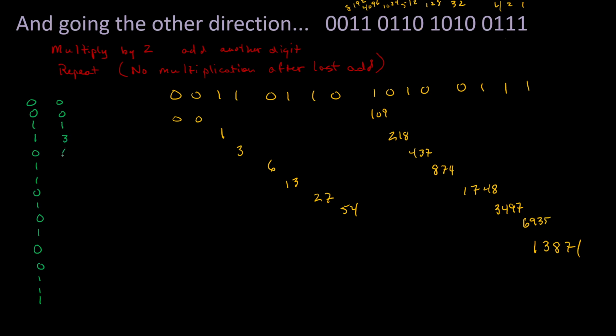Times 2 plus 0 is 6. Times 2 plus 1 is 13. Times 2 plus 1 is 27. Times 2 plus 0 is 54. Times 2 plus 1 is 109.